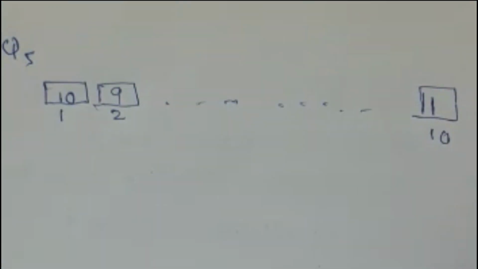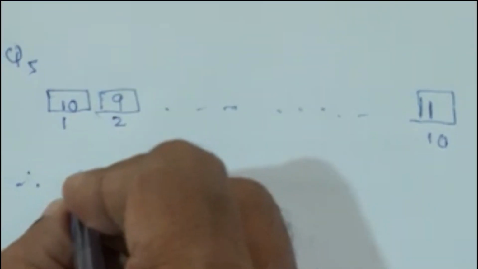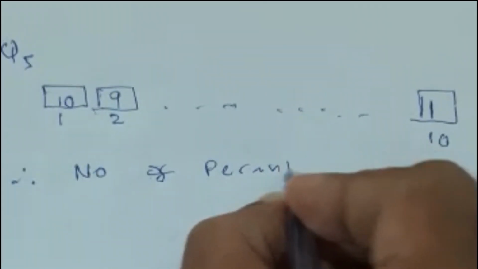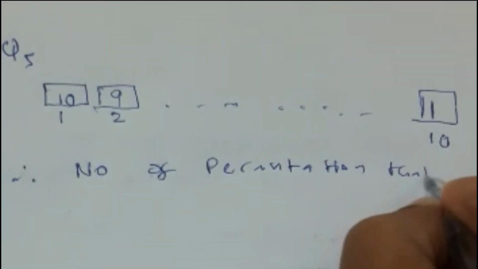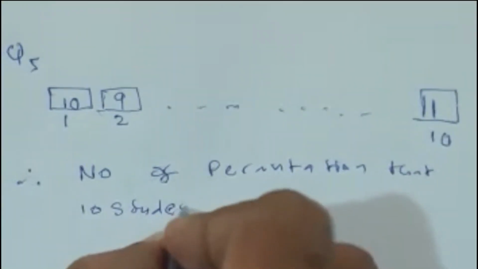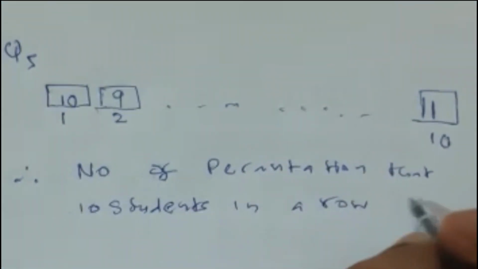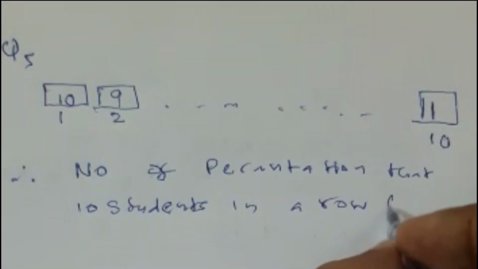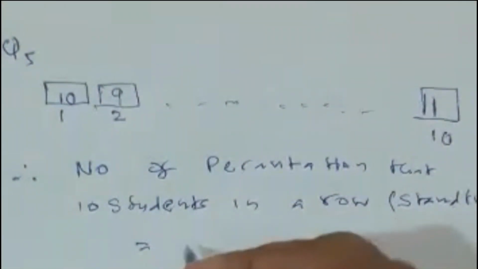Therefore, we can find the number of permutations of 10 students standing in a row.